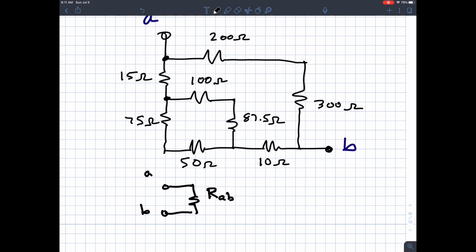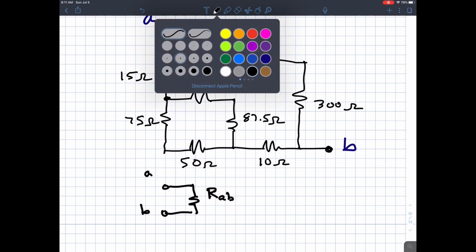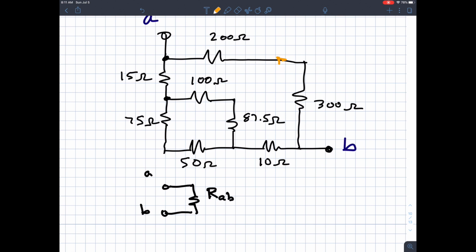My first choice that jumps out is this particular current right here. The same current flows through the 300 ohm resistor and the 200 ohm resistor, so these two are in series.